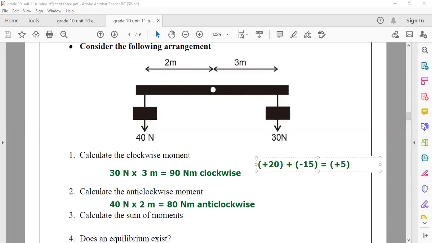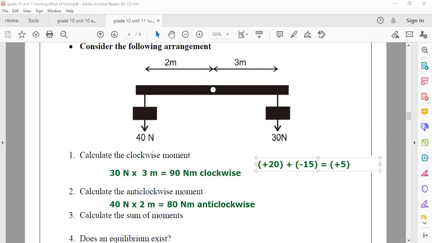Same idea here. 90 Newton meter clockwise, 80 Newton meter anti-clockwise. These clockwise and anti-clockwise are like opposite signs. Understood? Yes, sir.